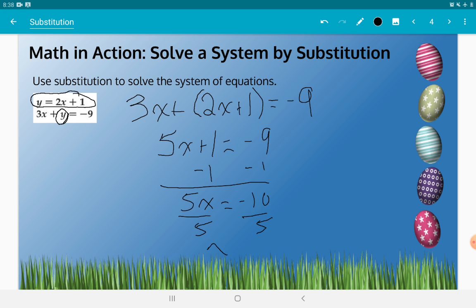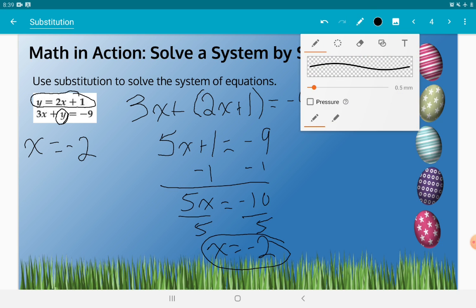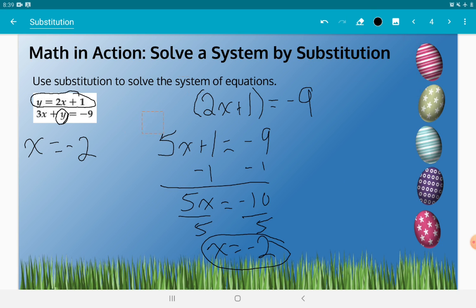And we find that x equals negative 2. So if x equals negative 2, we can just write it over here. X equals negative 2. I'm just going to erase to do our second step.